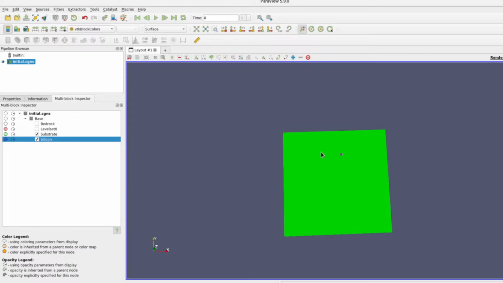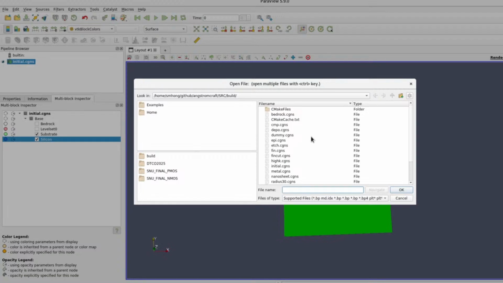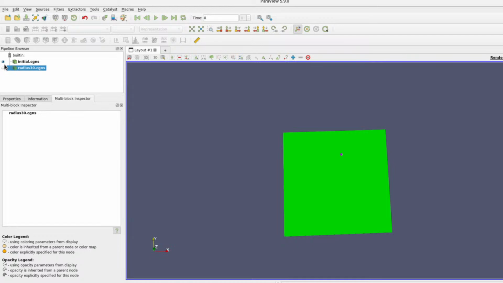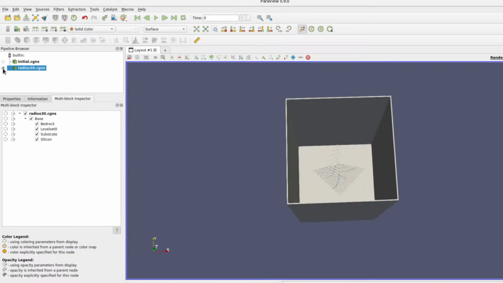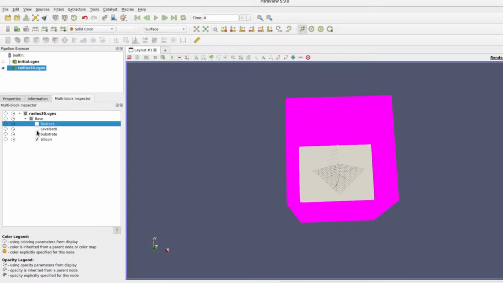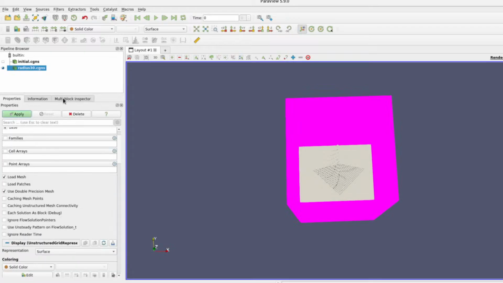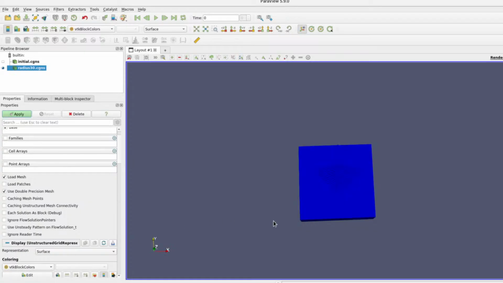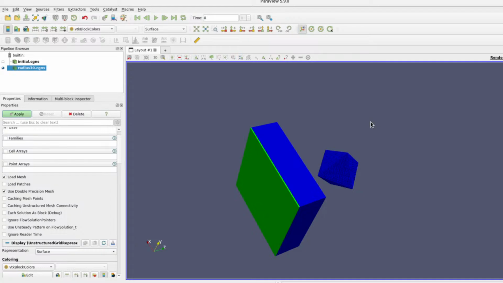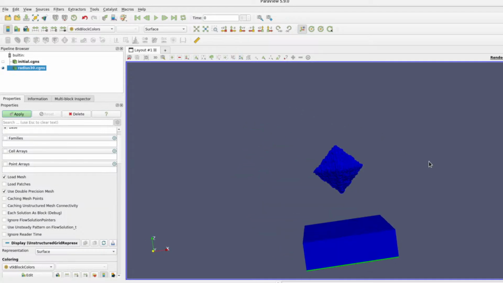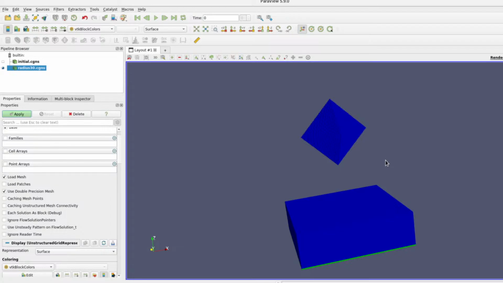So what I expect is the growth of this point. So I just load radius 30, and when we load it, now we can find that this is the case of growth.